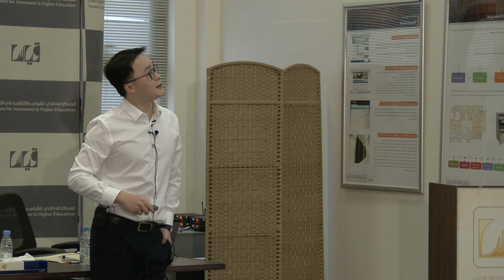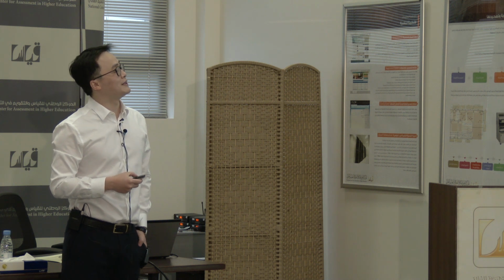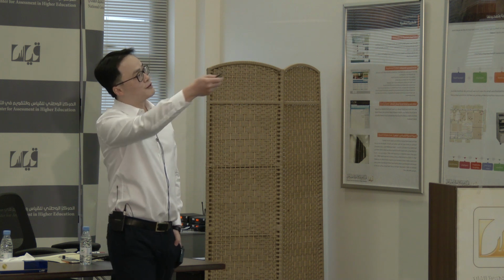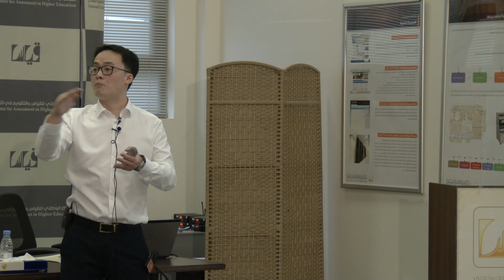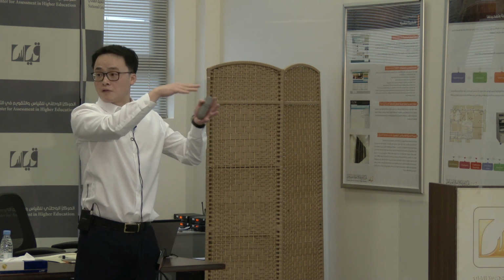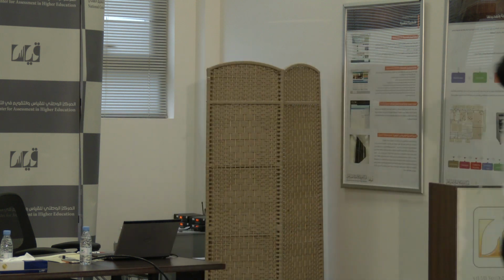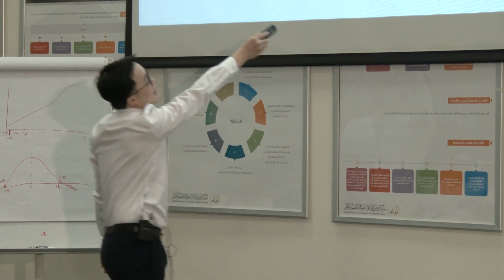Let me give you some examples of the idea of item fit. So this is a real item. If you look at the blue line, this is our ICC, based on the IRT model, the 3PL model we fit. Based on this model, if a student has an ability like this, his corresponding probability should lie somewhere on the blue line.